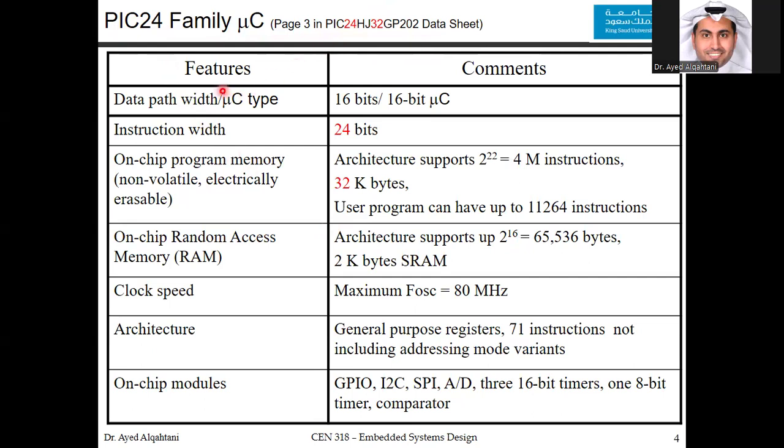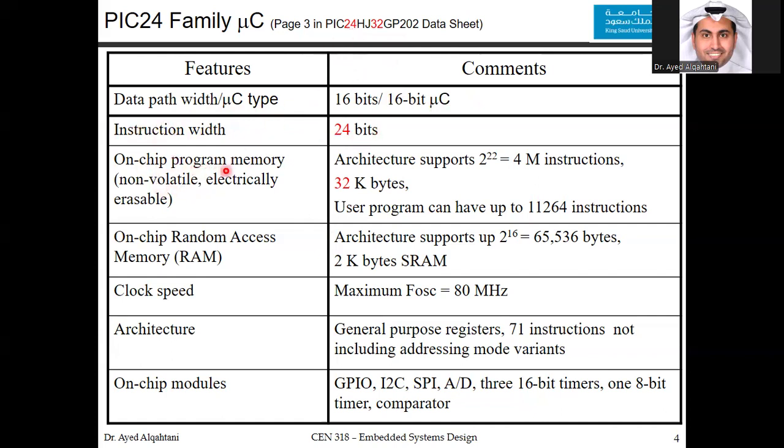You can see that the data path width, or the microcontroller type, is 16 bits. This is why we consider the type of this PIC24 a 16-bit microcontroller type. The instruction width is 24, and that's why we have 24 here in the name.